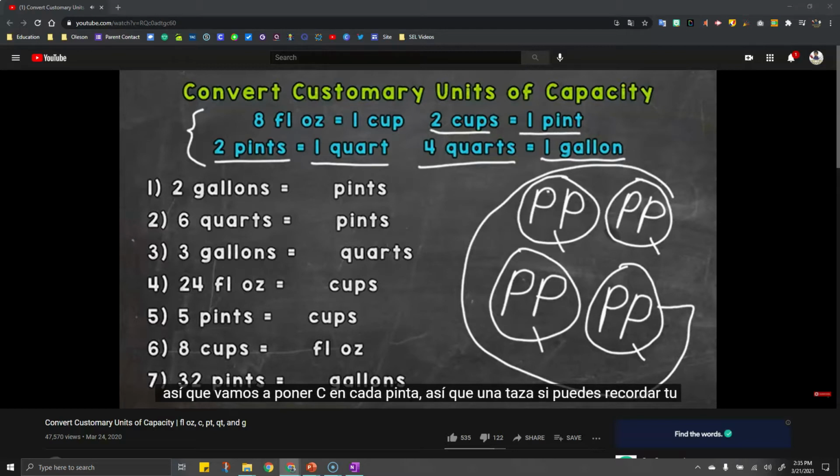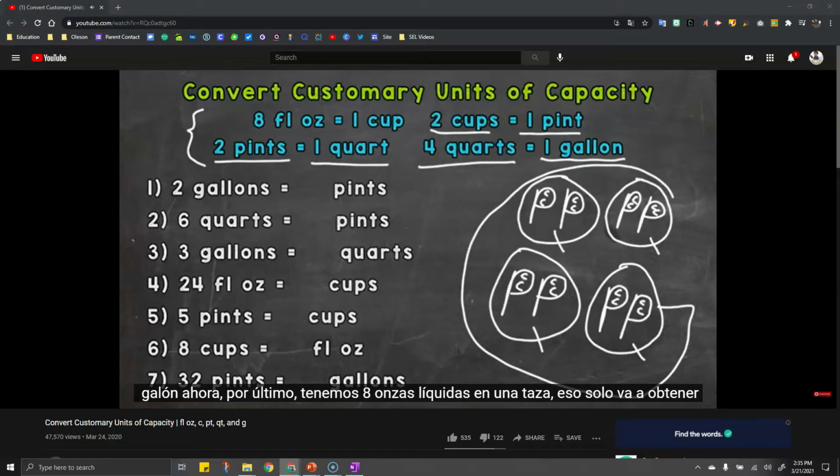So we're going to put C's in each pint. So a cup, if you can think back to your kitchen, and a measuring cup, one cup, and how many of those it would take to fill a gallon. So think of a gallon of milk. We would need 16 cups to fill a gallon.